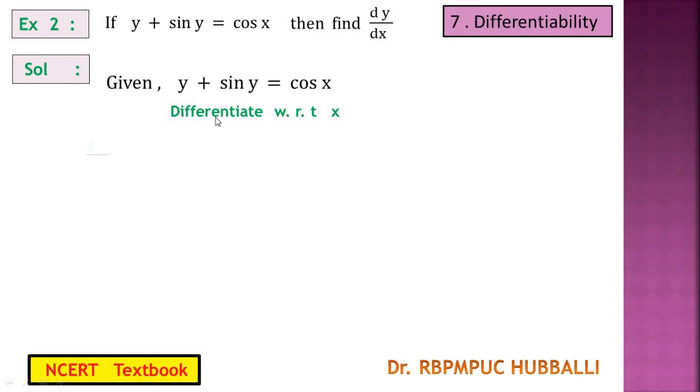The derivative of y is, you know, dy by dx, plus, just now you learned how to write the derivative for sin y. It is written as cos y, that means the sin derivative is cos, but y as it is, because it is a y variable, you differentiate that variable again.